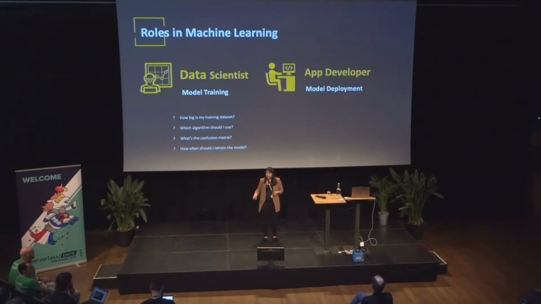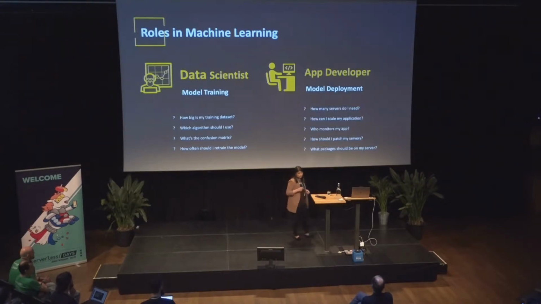Model deployment is the job of an application developer. Naturally, this is because not only do you have to take the model and deploy it, you have to answer a bunch of infrastructure-related questions, things like, what's the scale going to look like? What platform should my application run on? How many servers do I need? What about the monitoring? What packages do I need to install on my servers? All of which are very uninteresting to a data scientist.